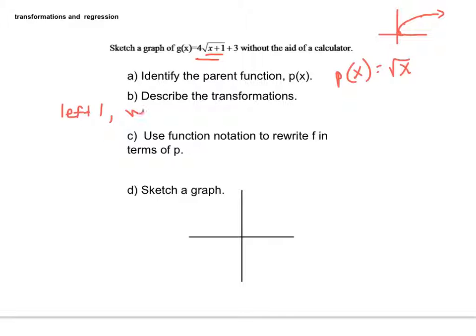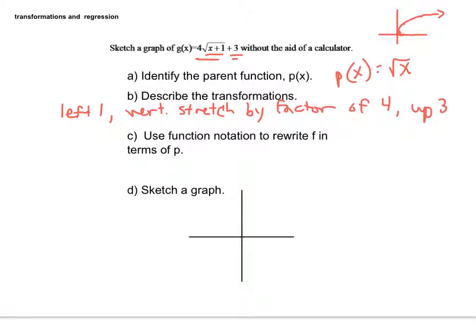It's going to be a vertical stretch. Since it's times 4, it's going to be a stretch. If it had been like a half, it'd be a shrink. Vertical stretch by factor of 4. Okay? And then the plus 3 out on the end is going to be up 3.